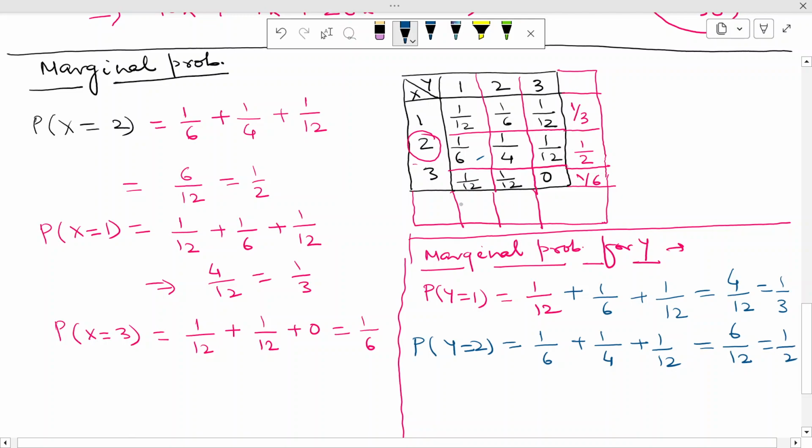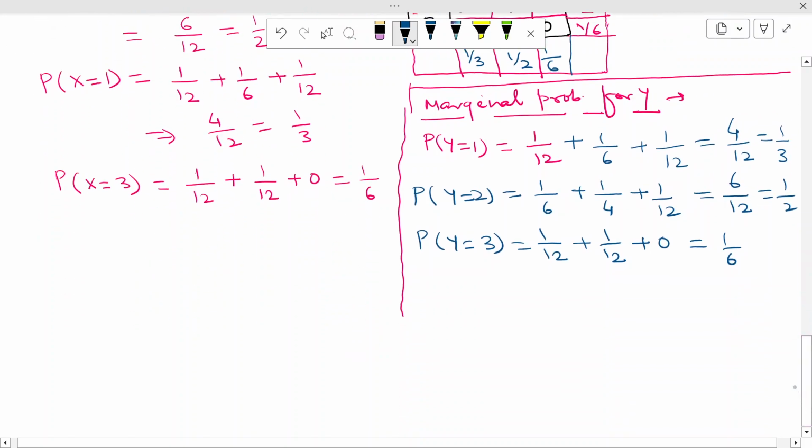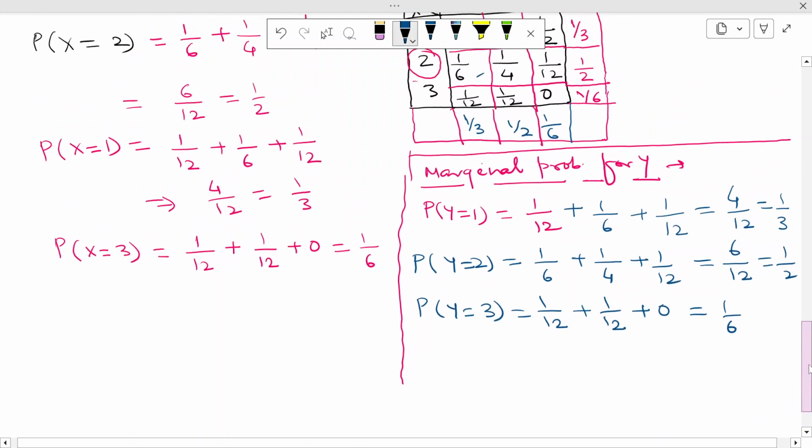Again we mention these probabilities here: 1 by 3, 1 by 2, and lastly for y is equal to 3, we have 1 by 12 plus 1 by 12 plus 0, which is 1 by 6. So we write here 1 by 6. This is how we can obtain the marginal probabilities for different values of y.